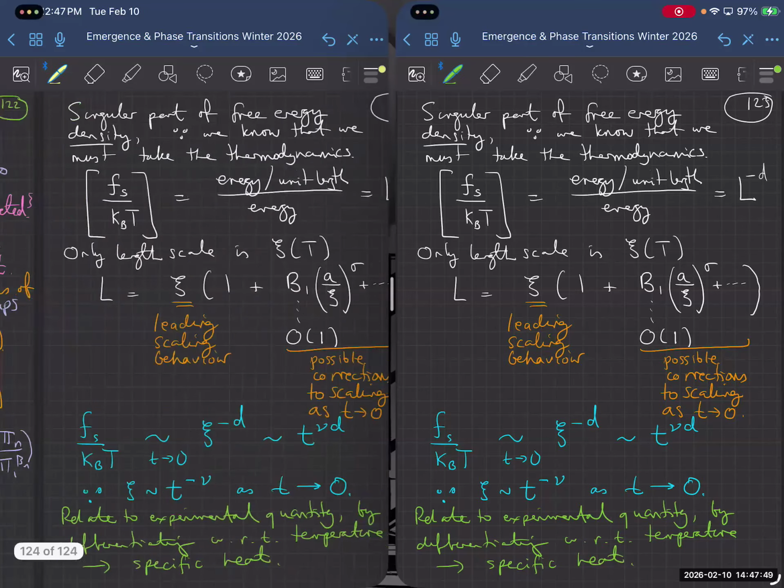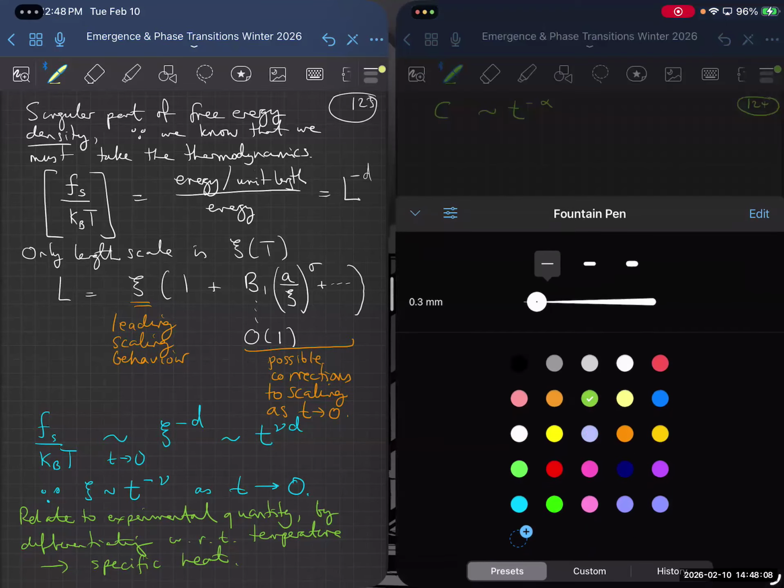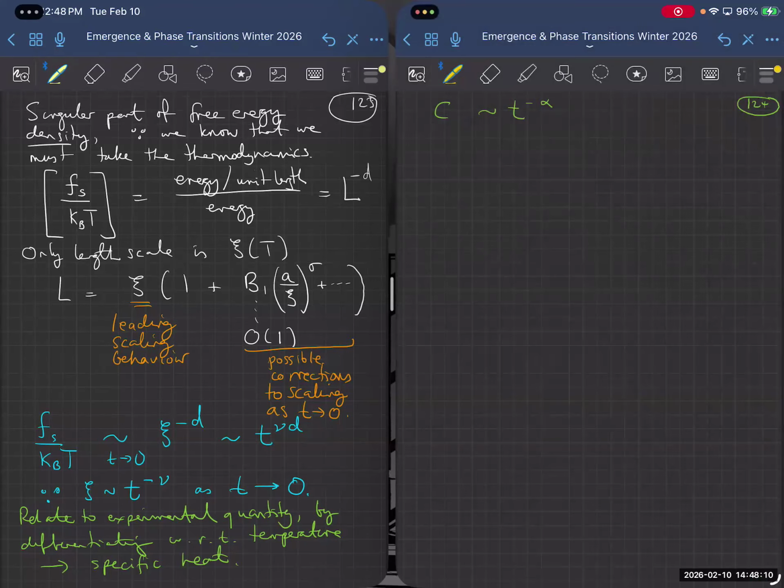So let's be precise. The heat capacity scales like t to the power minus alpha. That defines the critical exponent alpha that we've already met before. And the heat capacity itself, I can write as minus T d2 Fs by dT squared.